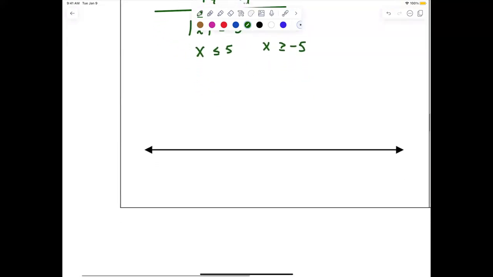All right, so let's take a look at -5 and 5. Okay. So greater than or equal to -5. Less than or equal to 5.